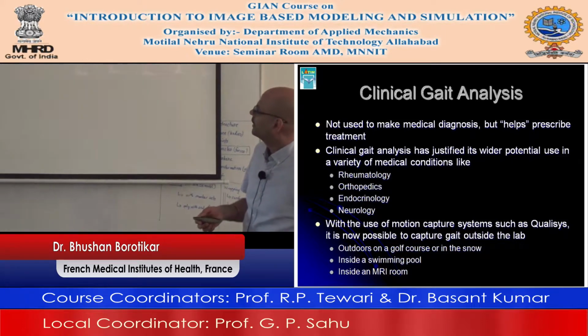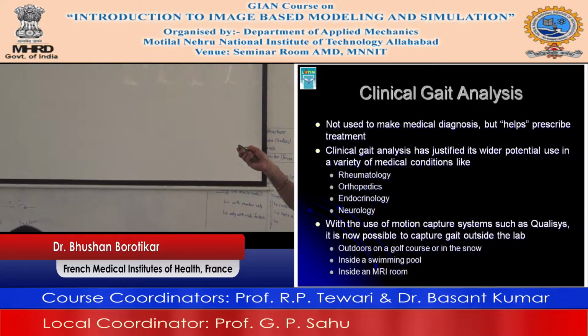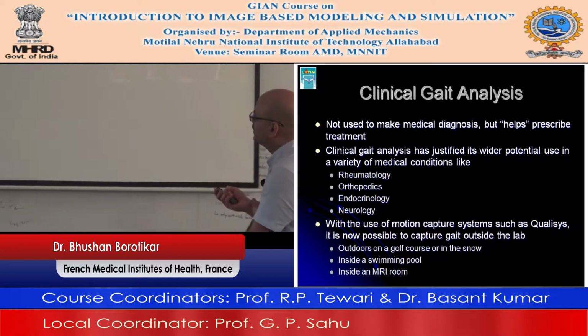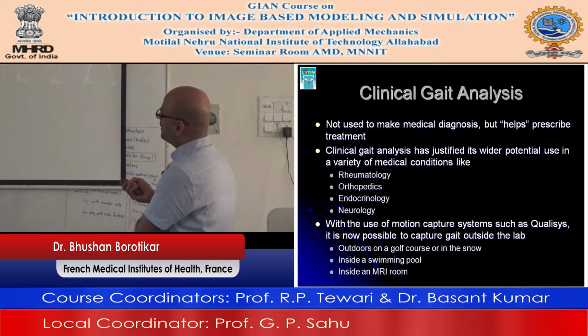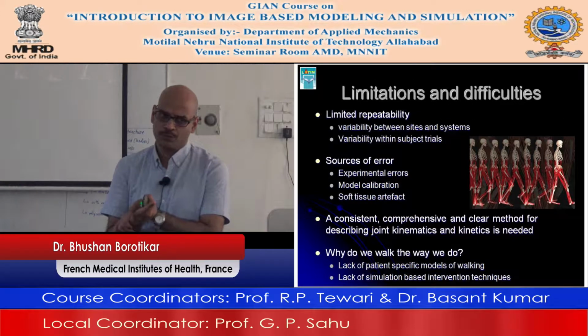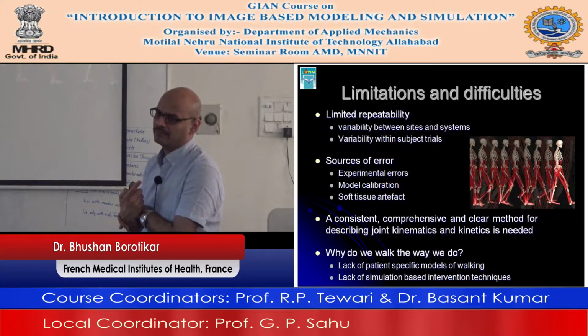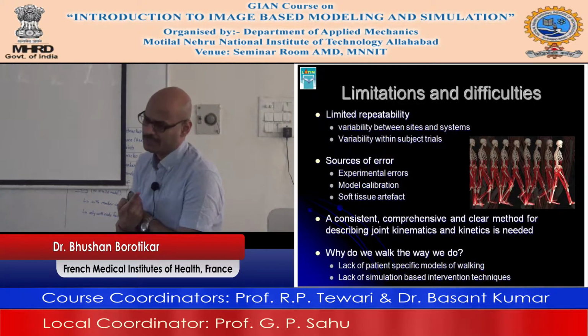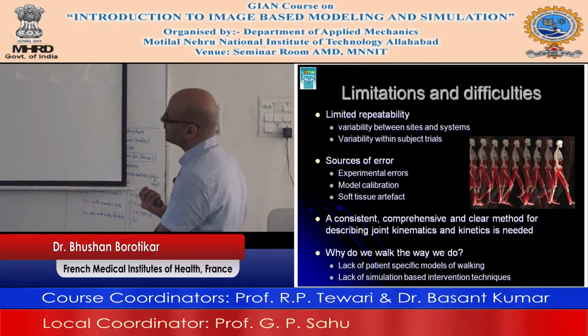So obviously, there is limited repeatability in clinical gait analysis. There is variability between sites and systems. Your lab doesn't match with mine. We have different ways and techniques to measure things. So the repeatability is lost.